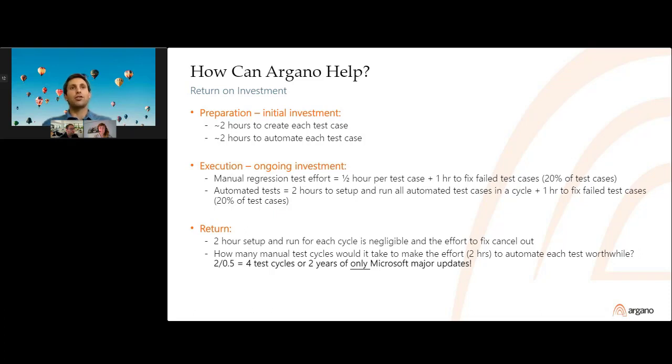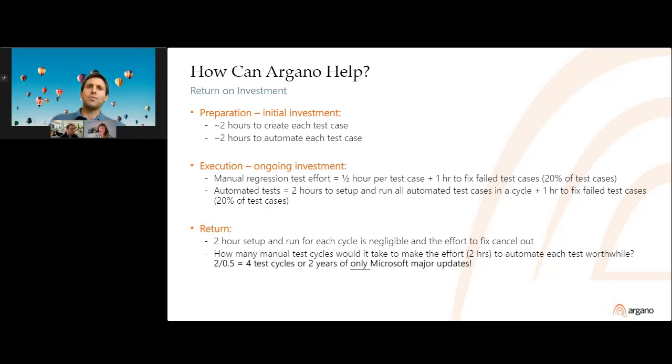So it would take you 4 test cycles once you've moved to an automated regression test approach to begin to get a return on the investment, because by then you would have spent that time performing the manual regression test activity. So basically we're looking at 4 cycles, because it would take you 4 times as long to do the automation factor of a regression test build.